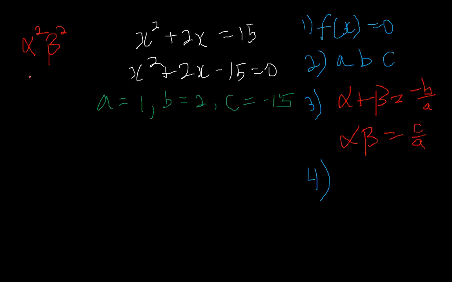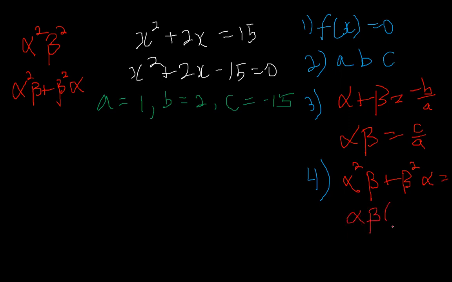But now they want us to find alpha squared beta plus beta squared alpha. And we know that alpha squared beta plus beta squared alpha is equal to alpha beta times alpha plus beta.